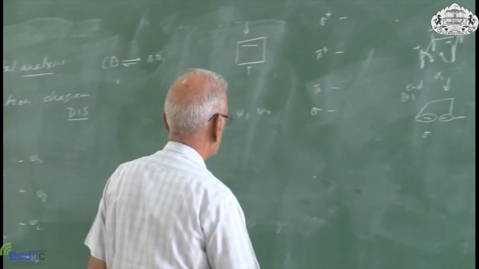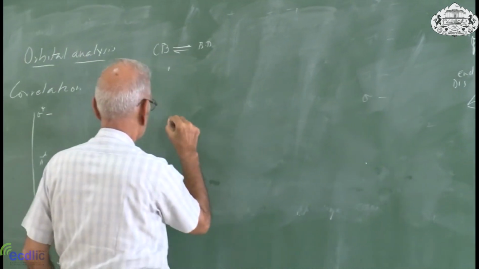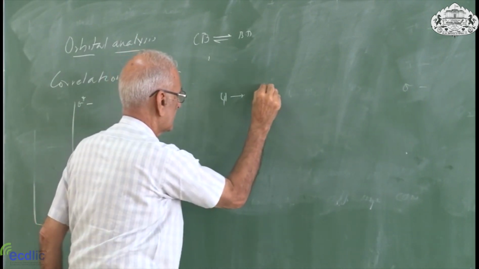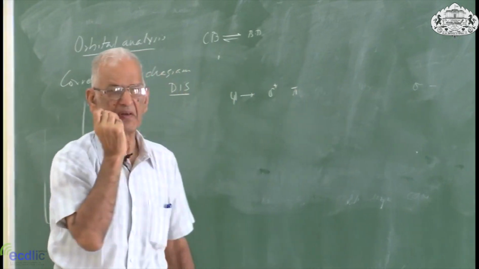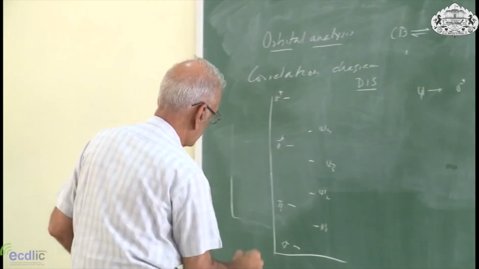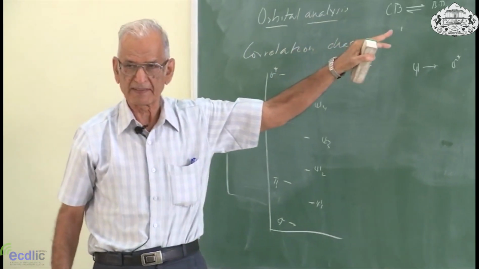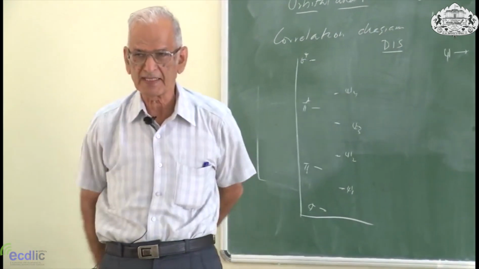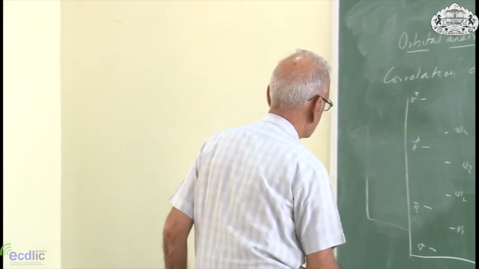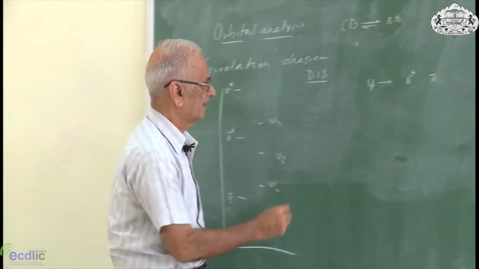Therefore, your psi 1 orbital can overlap with sigma star, or it can overlap with pi.